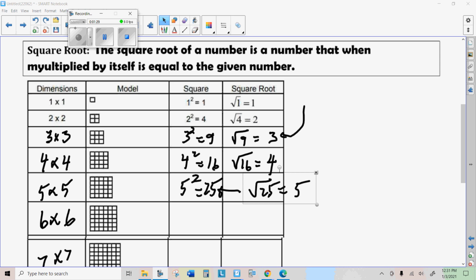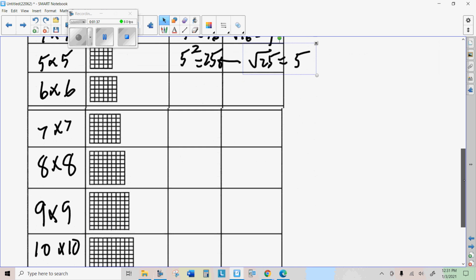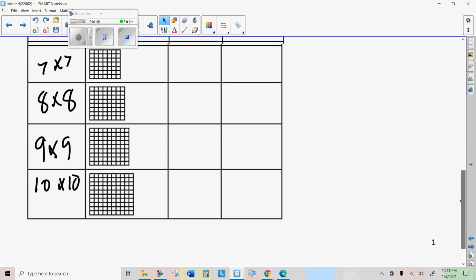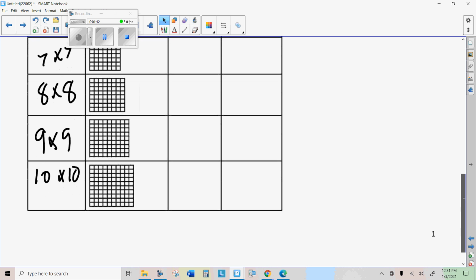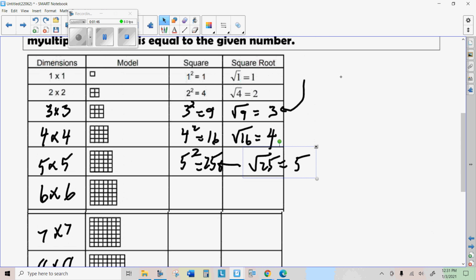I just gave you a few for examples. There's a few more square roots that I think you should get to know to help you out. The more of these perfect square numbers you know, the easier it is to decide how big the number is and make estimates and things like that. So let's go beyond the 10 by 10. The square root of 121 equals 11, and that's because 11 times 11 is 121.